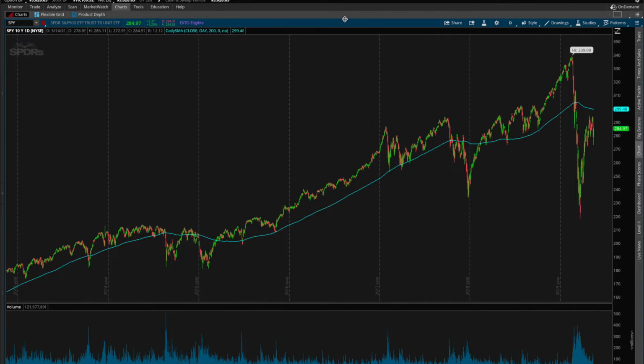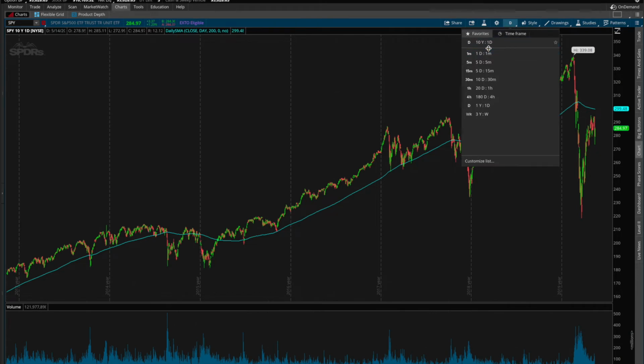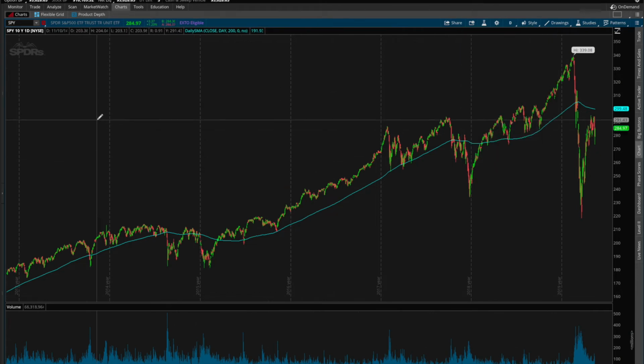So the way that we do this is we can do an eye test, right? We pull up the chart, we pull up this line, and we go, is this stock above this line more than it's below the line? Again, you want to make sure that it's on a time frame where you can see a lot back. For instance, this is over 10 years or so. And the answer for SPY is yes.